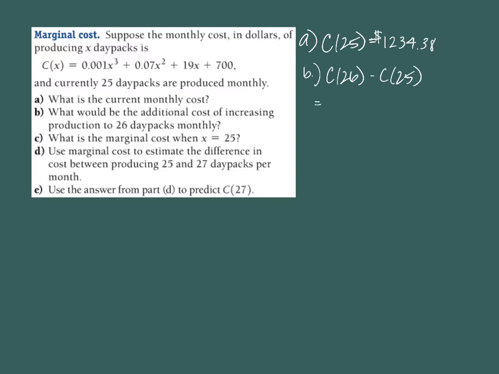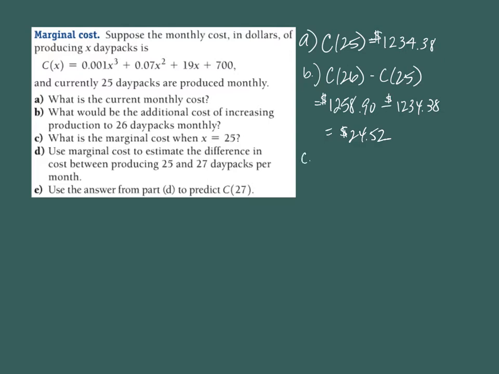And if we plug that into our calculators, the cost of 26 is $1,258.90 minus $1,234.38, which is 1258.9 minus 1234.38. It would be $24.52 to up my production from 25 to 26 day packs.